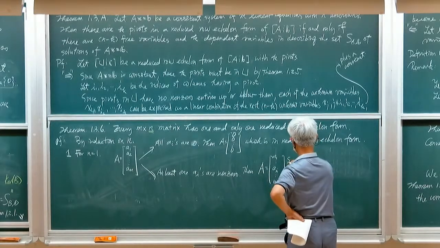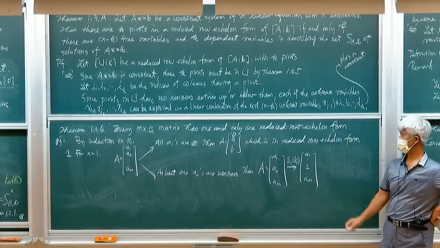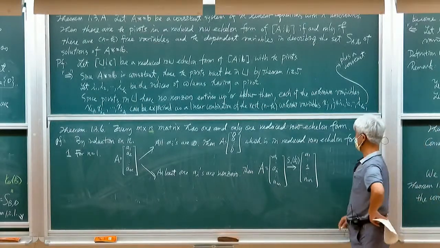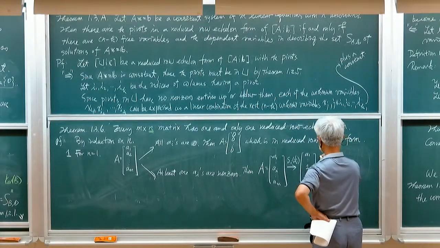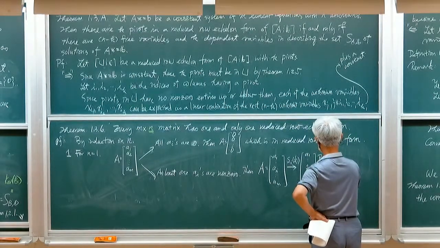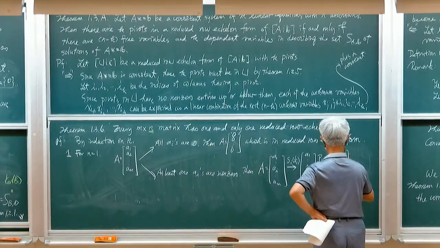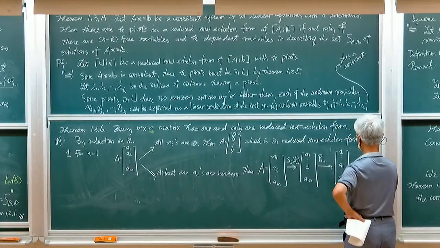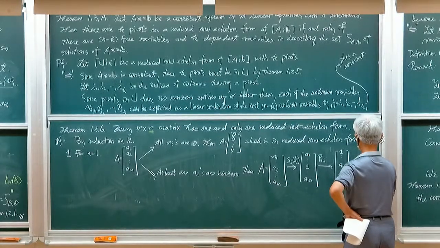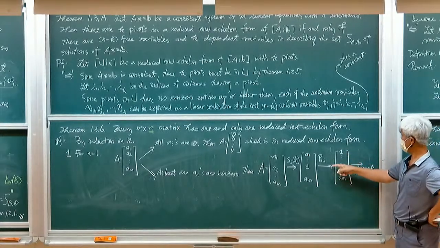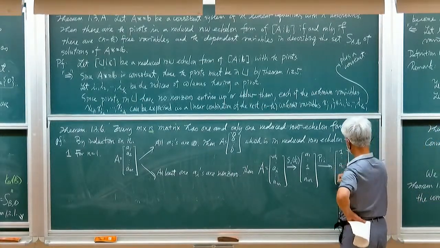We use scaling to make the entry of the ith row to be 1. We use the swap, and we do replacement, so we can multiply and add to cancel the other entries.